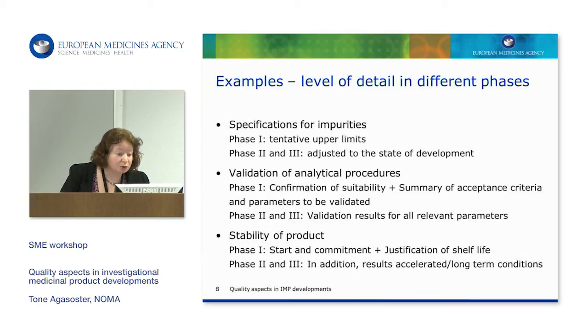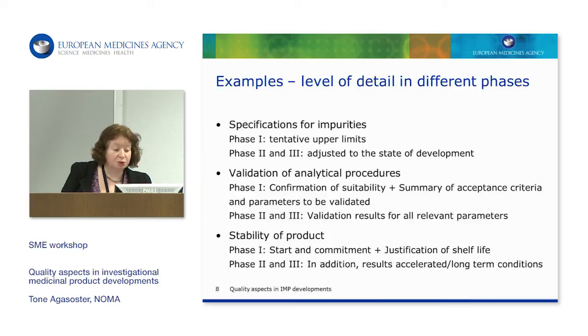When it comes to validation of analytical procedure, for phase 1, it's only required that some confirmation of suitability of the method is given, that it can measure what it's intended to measure, and also a summary of the acceptance criteria and parameters to be validated.